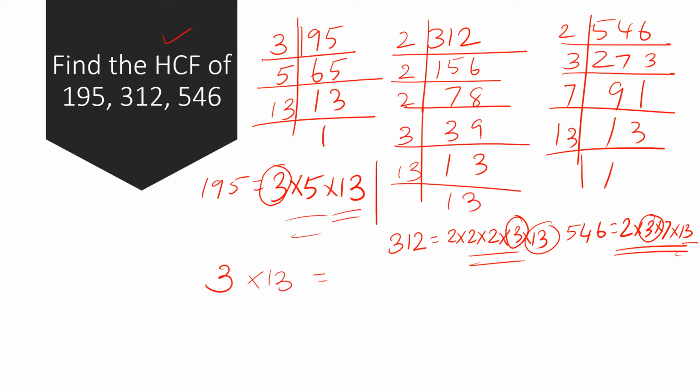What does this mean? 3 into 13, 39, is the number by which we can divide 195, 312, and 546. All these three numbers can be divided by 39.